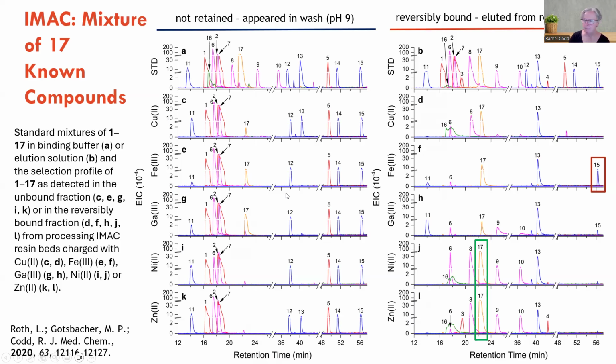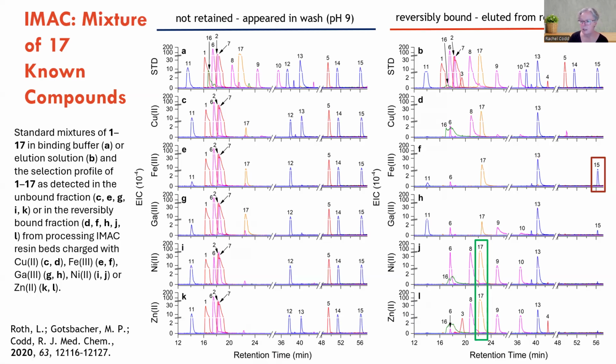So without going into too many details because it's too confusing, if we look at some really clear results and focus on compound 15, then in the case of compound 15 and the selectivity of binding, this bound in a close to selective manner to the iron resin.